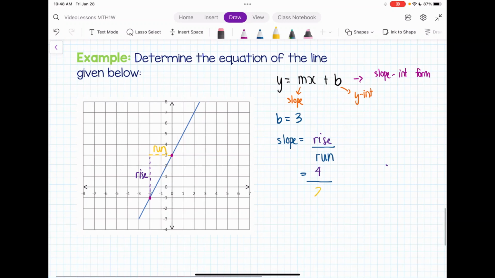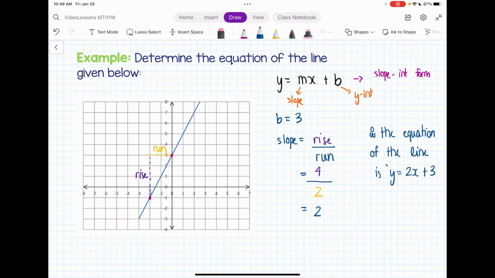It's 2 units across, and I'm moving to the right, so it's also a positive direction. And so you get 4 over 2, which gives me 2. We don't write 2 over 1. So therefore, the equation of the line is y equals 2x plus 3.